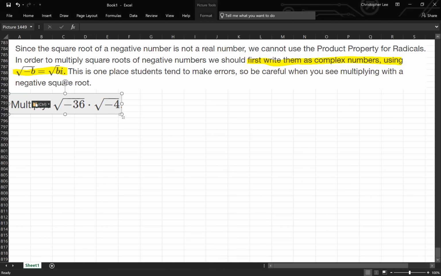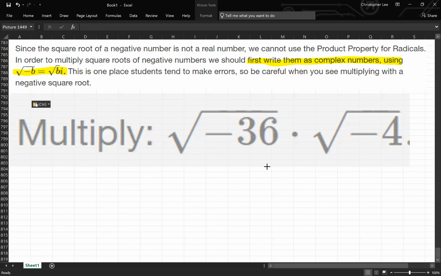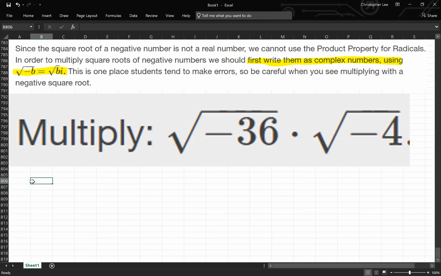All right, let's say I have this question right here, right? I want the square root of negative 36 times the square root of negative 4, right? Now you know the square root of negative 36 is what? That's 6i, right? Times the square root of negative 4, well, 2i, right?